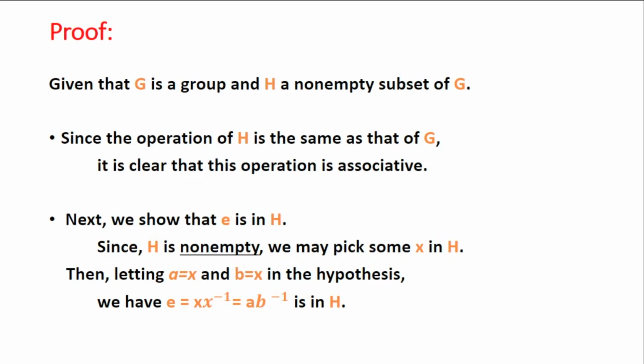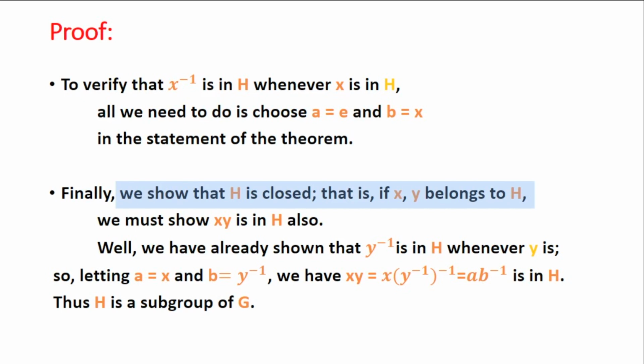Whenever x is in H, all we need to do is choose a = e and b = x in the statement of the theorem to get x^-1 in H. Finally, we show that H is closed, that is, if x, y belong to H, we must show xy is in H also.